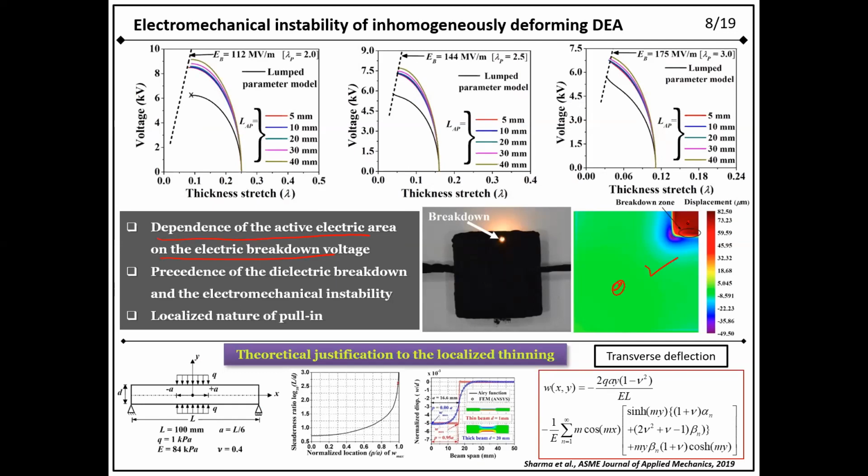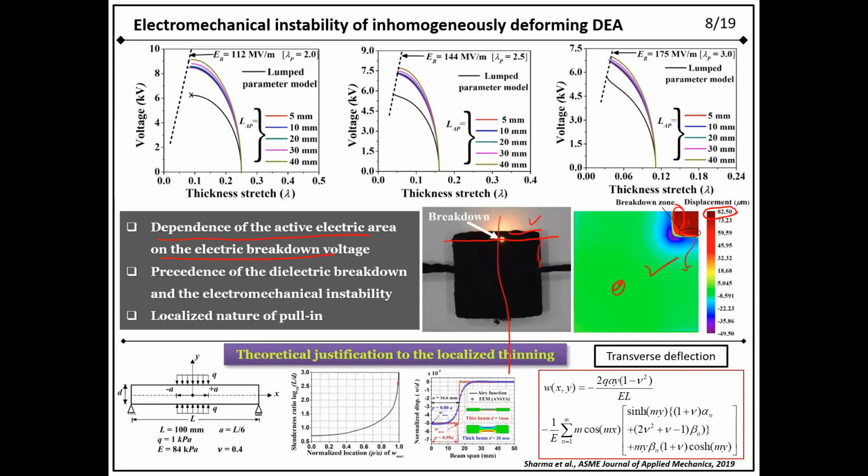This is the region, the black portion, where we have the maximum level of deformation, and it is the location adjacent to the interface between the active and inactive region.